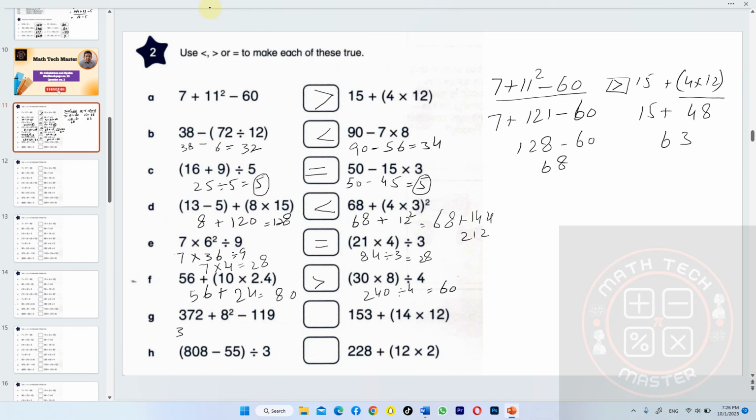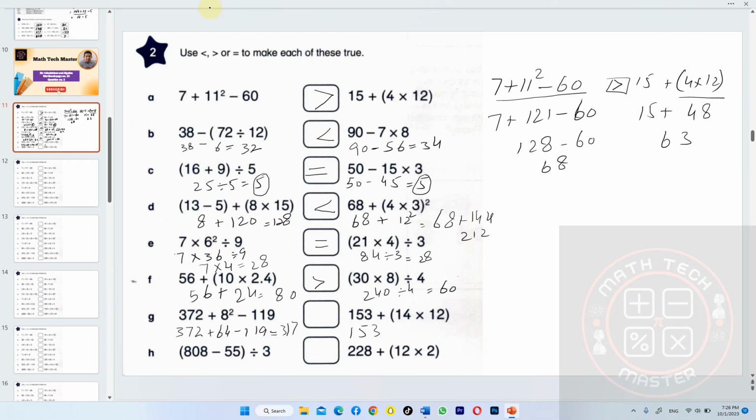In the next question, we have 372 plus 64 minus 119. We will add 372 plus 64 and then we will subtract 119 from it. So the answer will be 317.